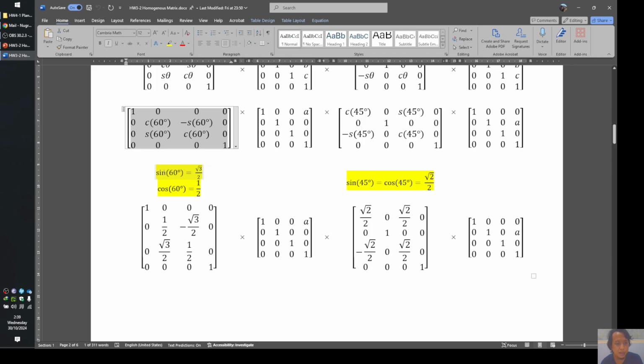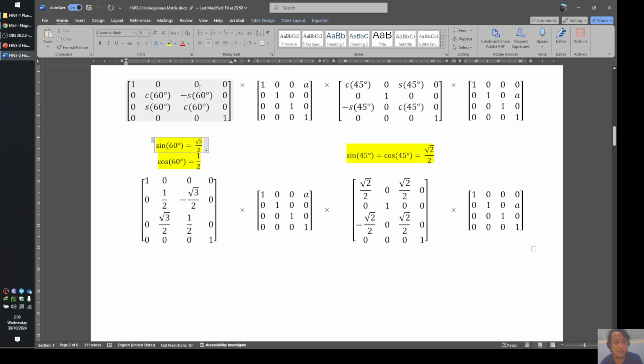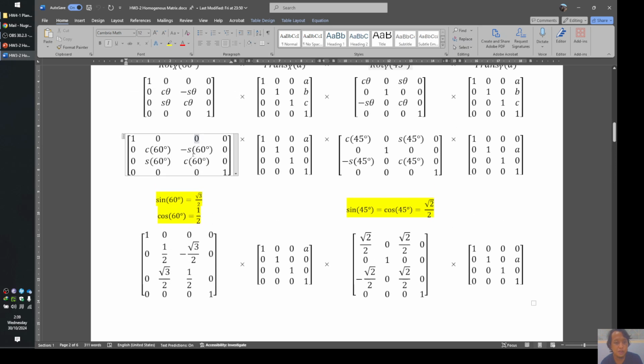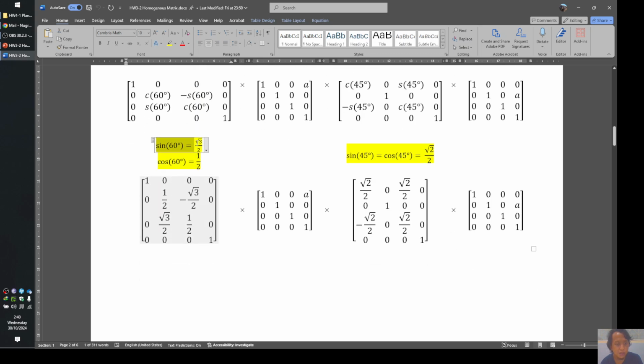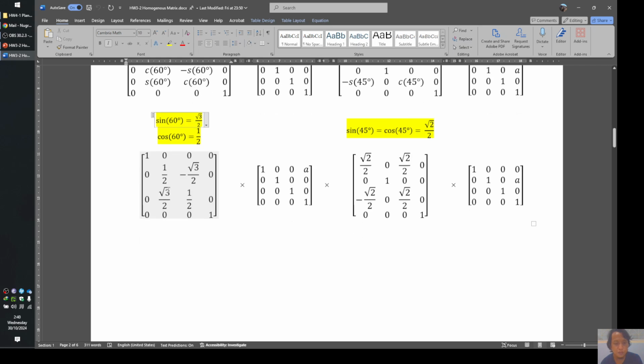We know that the sine of 60 degrees is square root of 3 over 2, and the cosine of 60 degrees is a half, or 0.5. After we get this, we substitute these values.